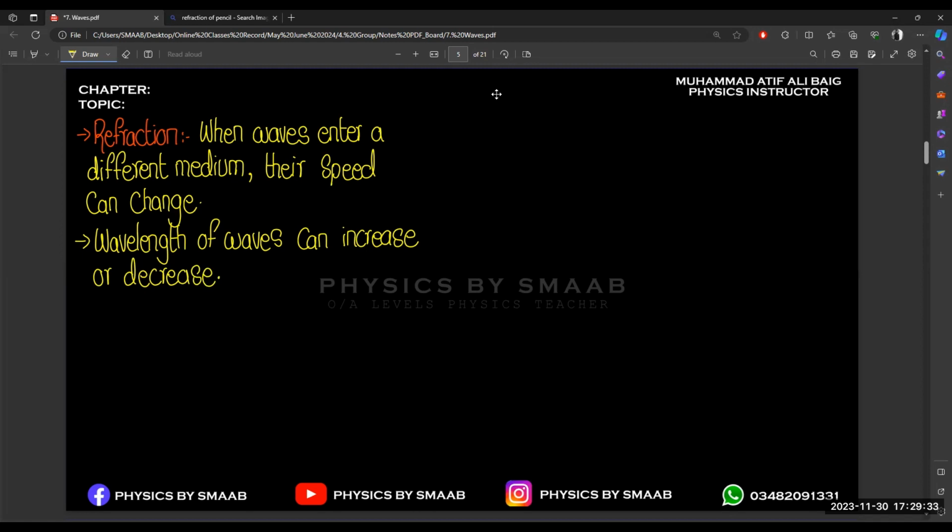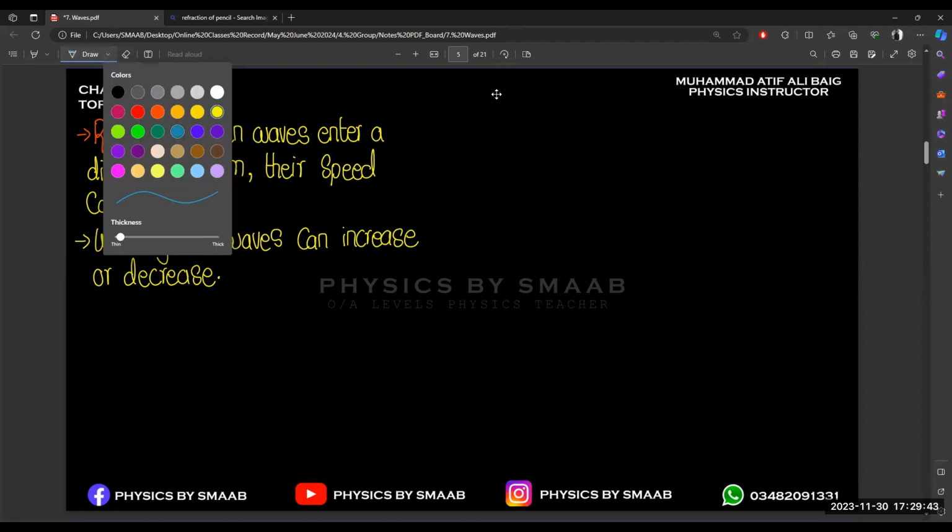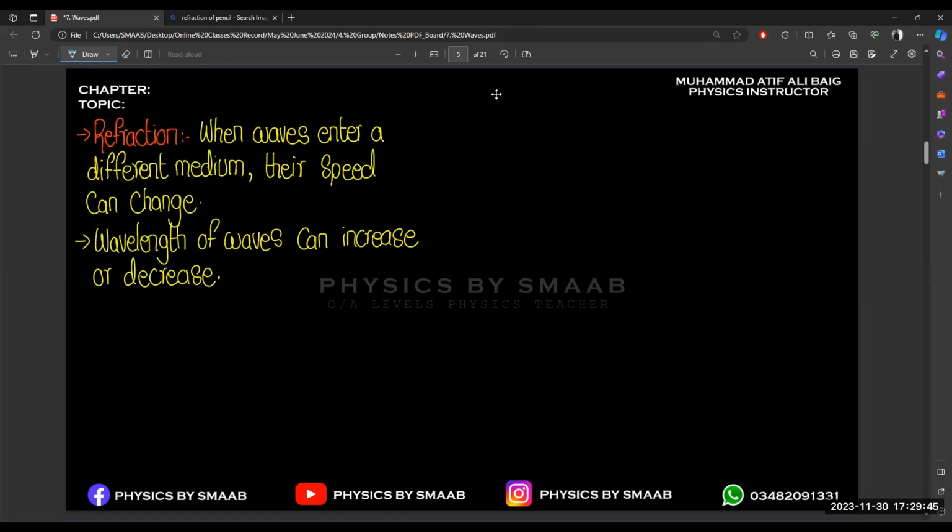And now let's consider how this refraction is possible in water waves or in any type of wave, because we are talking about ripple tank phenomena. So let's suppose we take the example of a swimming pool. In a swimming pool, you observe that the stairs area is shallow, because there are stairs there.